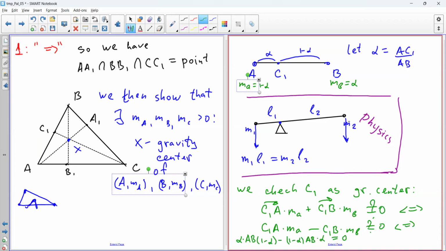So that is how we show that this intuition from physics, or this lever rule, it really applies here. It gives us the right intuition along the segment. So we may choose weights in such a way that the gravity center of those 2 points would be exactly C1. So this would be a technical lemma.